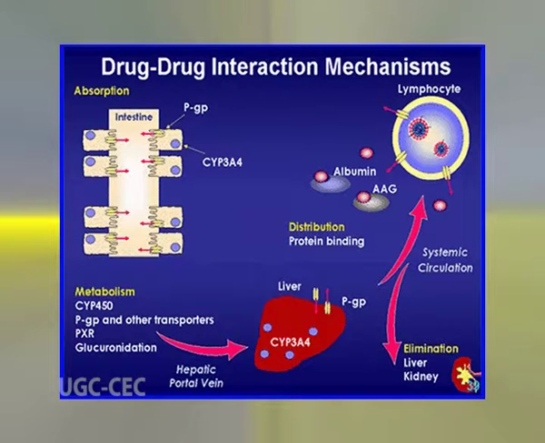Albumin is the plasma protein with the greatest capacity for binding drugs. Binding to plasma proteins affects drug distribution into tissues because only drug that is not bound is available to penetrate tissues, bind to receptors and exert activity.